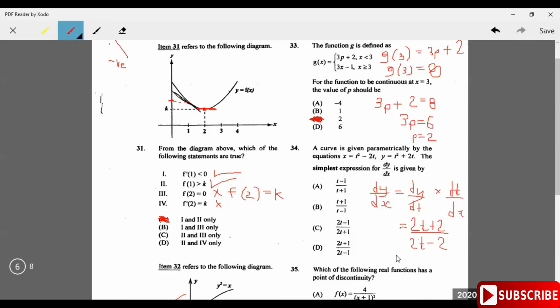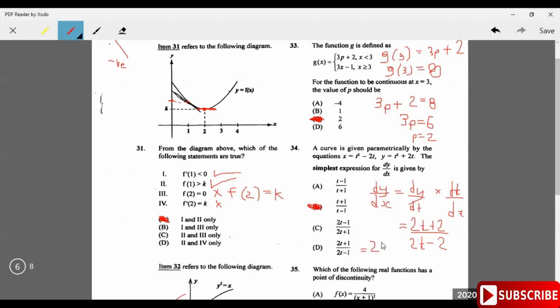Now from this we can factor out 2 from the numerator to get t plus 1, and factor out 2 from the denominator to get 2 times t minus 1. So we're getting t plus 1 over t minus 1. We can just factor out 2 out of the numerator and the denominator, and they cancel. So that's B. Easy question.